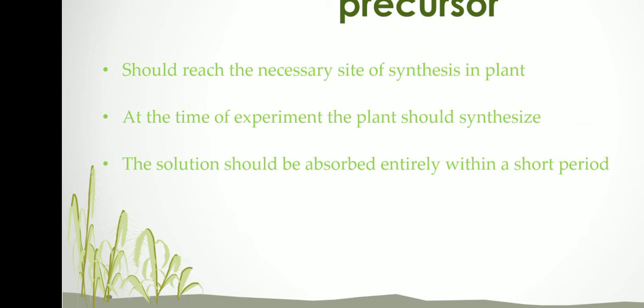First point is the administered precursor should reach the necessary site of synthesis in plants. എവിടെയാണോ സിന്തസിസ് നടക്കുന്നത് അവിടെ എത്തണം. നമ്മൾ സ്റ്റഡി ചെയ്യുന്ന സമയത്ത് പ്ലാന്റ് കോൺസ്റ്റിറ്റ്യുവൻസ് പ്രൊഡ്യൂസ് ചെയ്യുന്നതായിരിക്കണം.